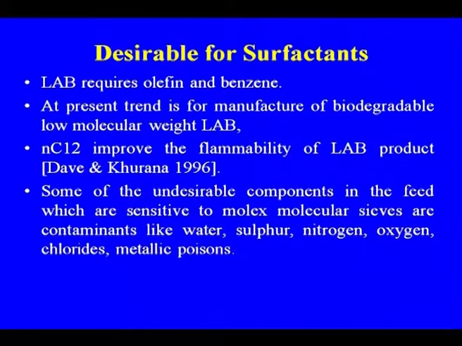So, LAB requires olefin and benzene, as I told you, for alkylation of the benzene. At present the trend is to manufacture biodegradable low molecular weight LAB. If you have the lower carbon number, around NC12, it improves the flammability of the LAB products.